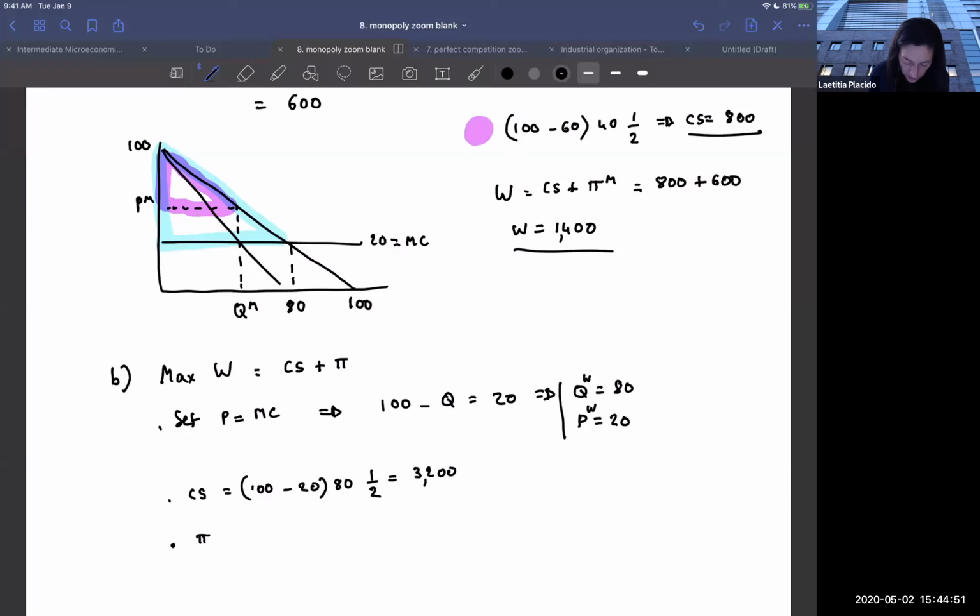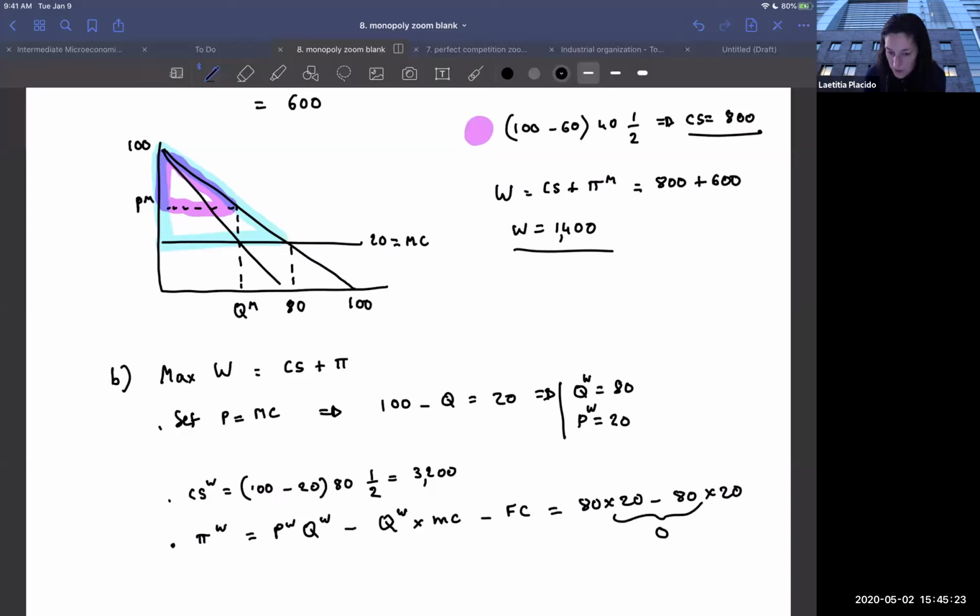Now what about the monopolist's profit? The monopolist's profit is PW times QW minus the variable cost, which was QW times the marginal cost, and minus the fixed cost. So that's 80 times 20 minus 80 times 20, minus the fixed cost. This is going to be negative because you're priced at the marginal cost.